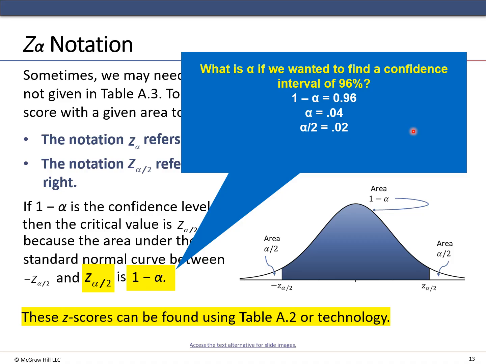But to me, it's just as easy to use the area to the left. And again, the area to the left of this is going to be, we already know this. If it's 0.02 in this area, then this is going to be 0.98, right?